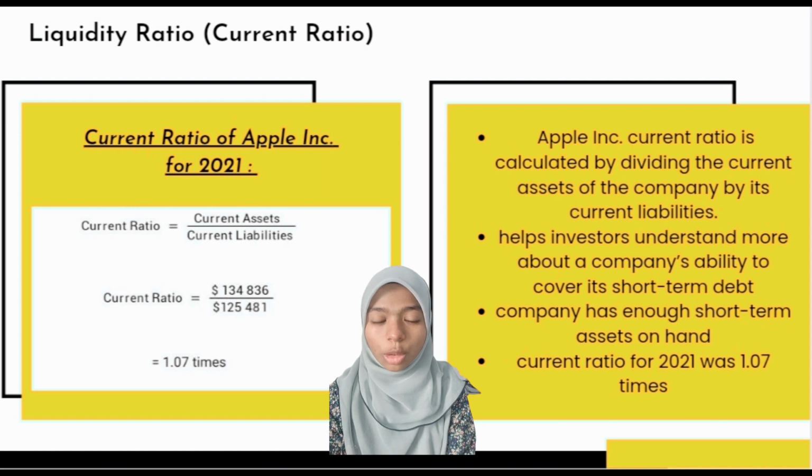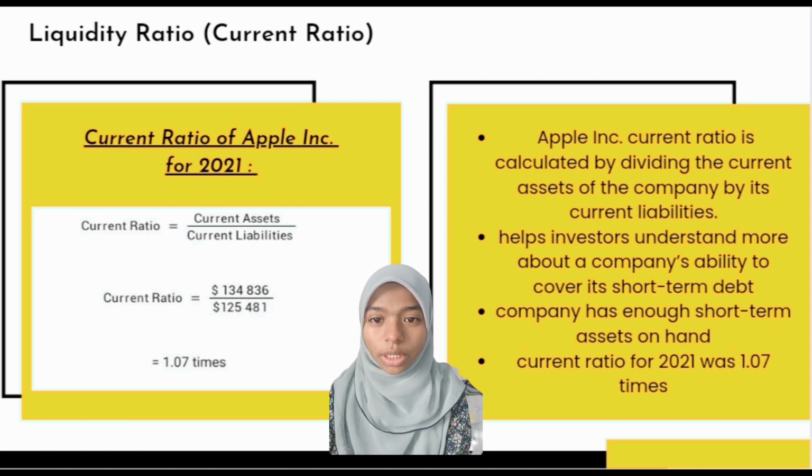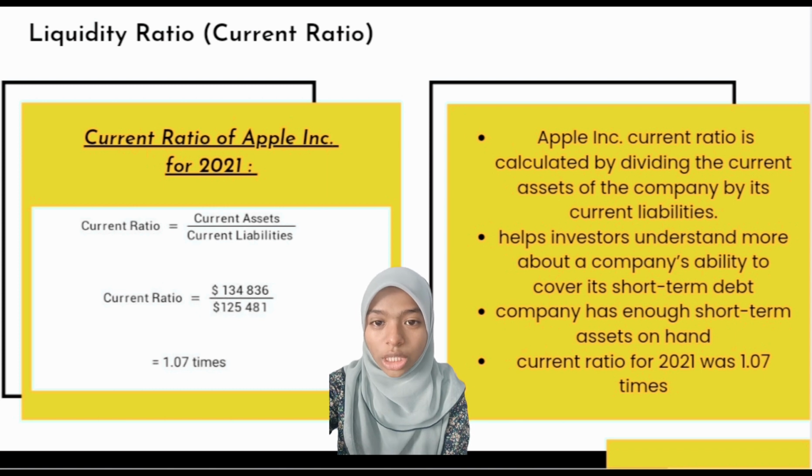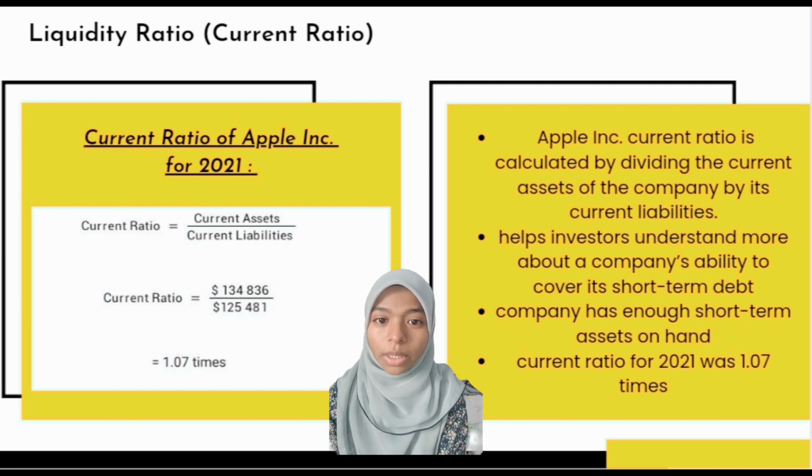In its 2022 financial statement, Apple Inc. reported total current assets of 135,404 million, a little increase from the 134,836 million total current assets recorded at the conclusion of the previous financial year, which is 2021. However, from 2021 to 2022, the company's liability structure drastically changed.